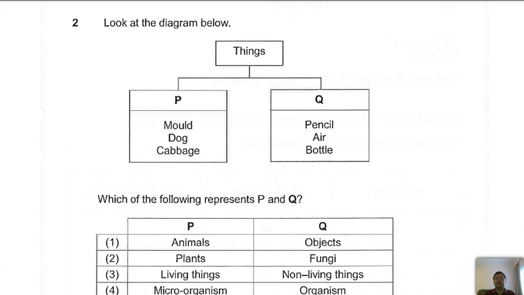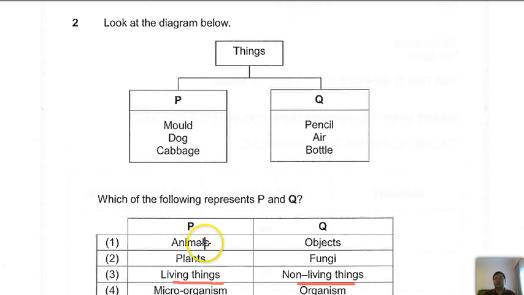Right, look at the diagram below. Things P and Q, one group, another group. Mold, dog, cabbage: living things. Pencil, air, water: non-living things. If it says animals, it's not right, because mold is not an animal.